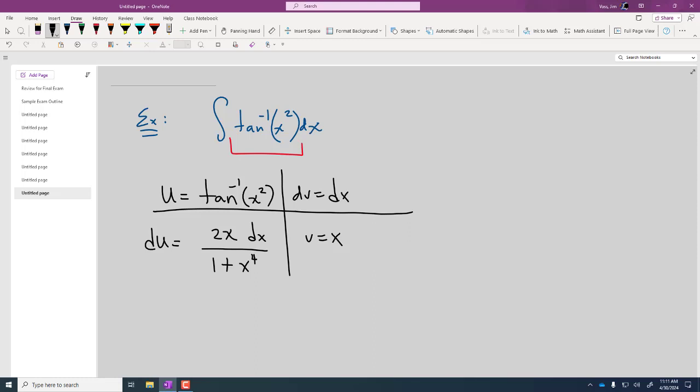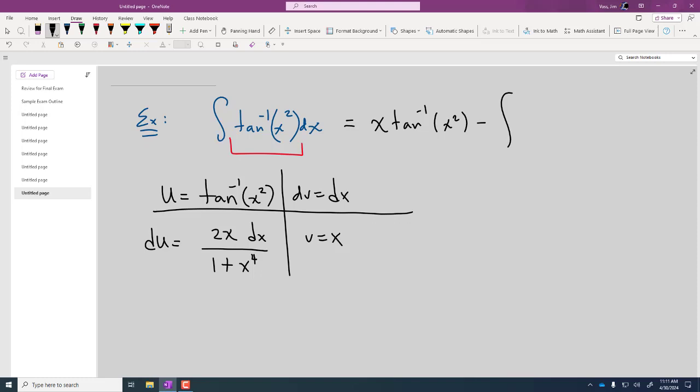If you don't do that derivative right, you're going to be hosed. Because that's going to be important when you start doing the uv minus integral of v du, all that stuff. So now integration by parts says u times v. So that's going to be x inverse tangent of x squared, uv, minus the integral of v du, the bottom row.